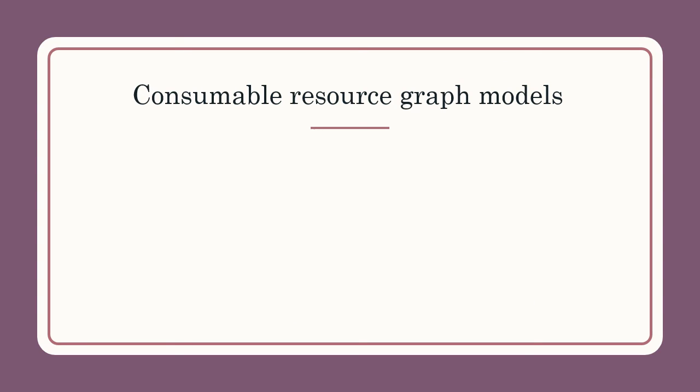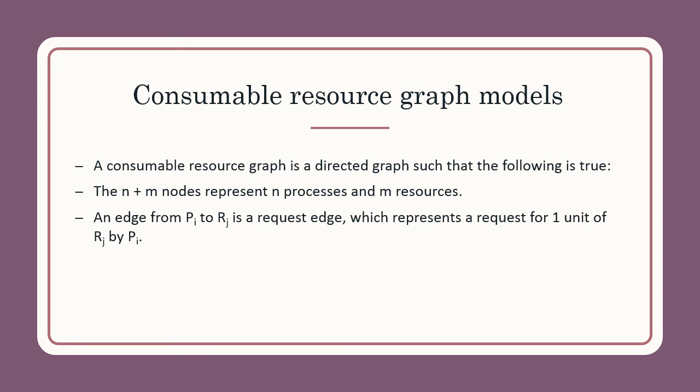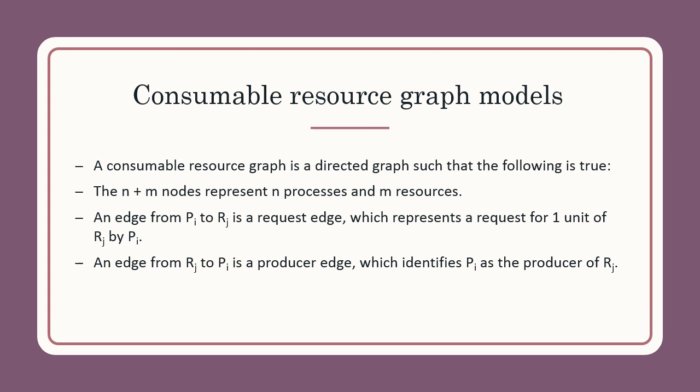Consumable resource graph models. A consumable resource graph is a directed graph such that the following is true. The n plus m nodes represent n processes and m resources. An edge from Pi to Rj is a request edge, which represents a request for one unit of Rj by Pi.